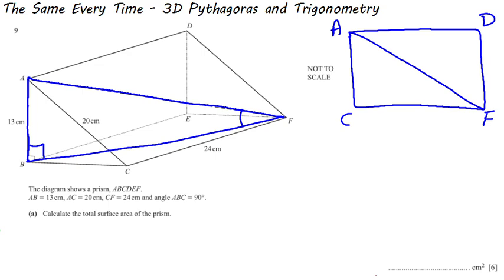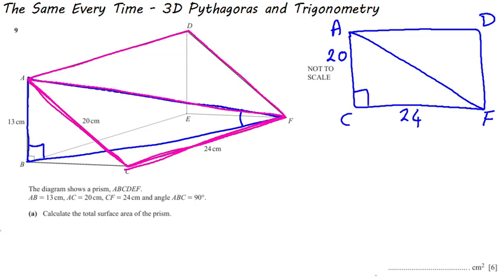So the length of that side just there is 20, which is the length of this side there from A to C. And the length of this side from C to F is 24. That would be 90 degrees because it's a rectangle.